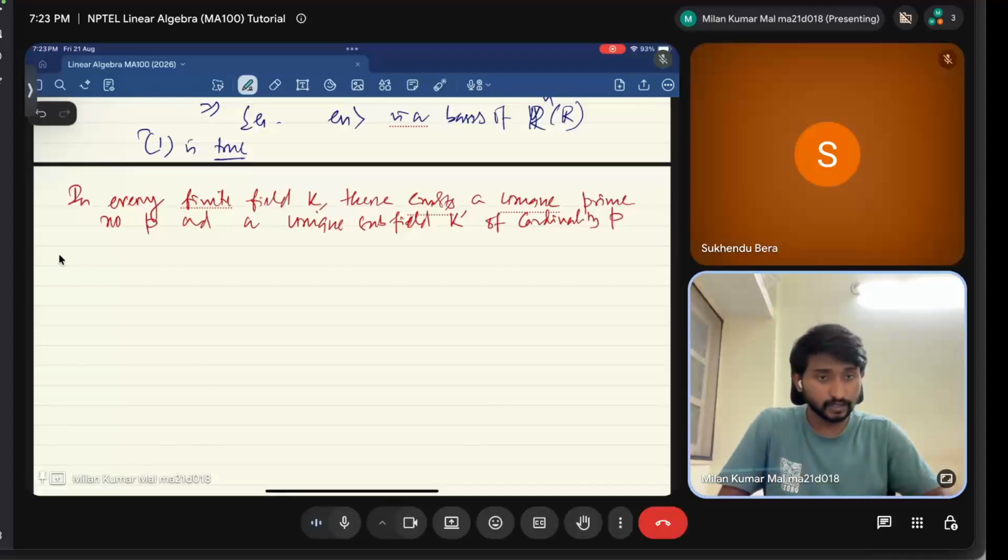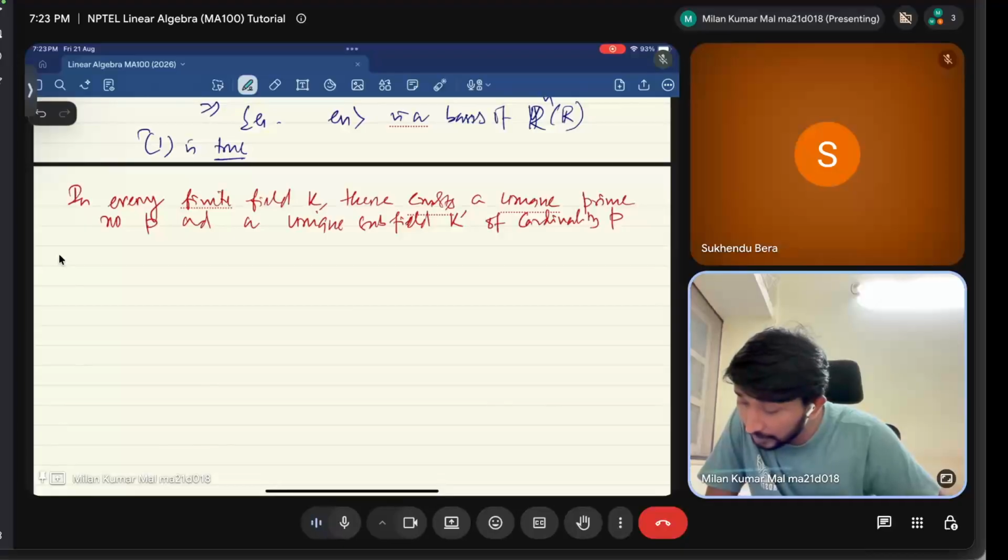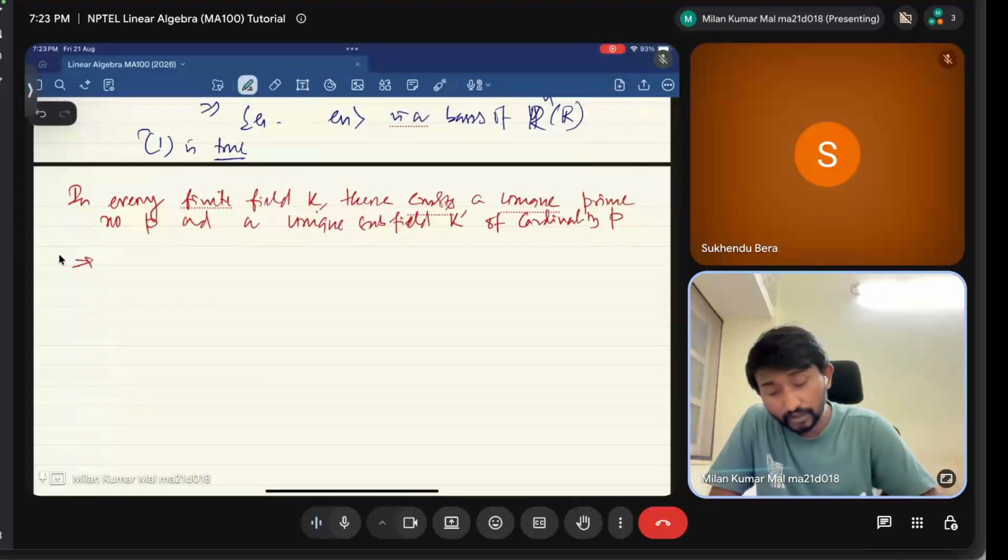Cardinality means the number of elements, and characteristic is the smallest such number. There is a unique prime number P, which is called the characteristic. Okay, so we'll do this now.